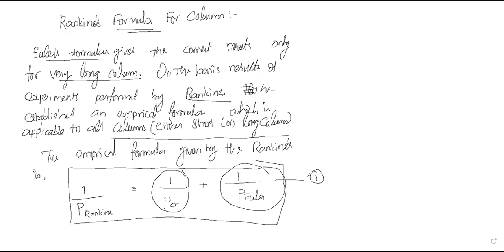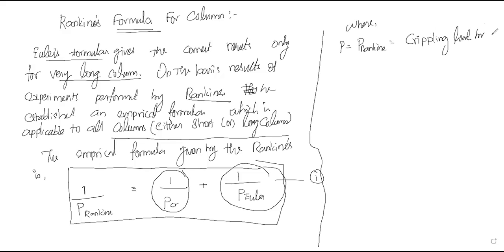Okay, now let us note down what all the things are. Where P is equal to P Rankine, which is nothing but crippling load by Rankine's formula. Next, PCR or PC, here we can denote it as PC.